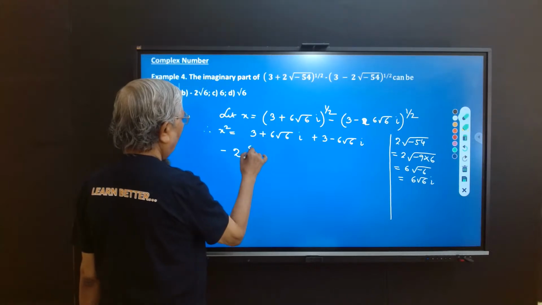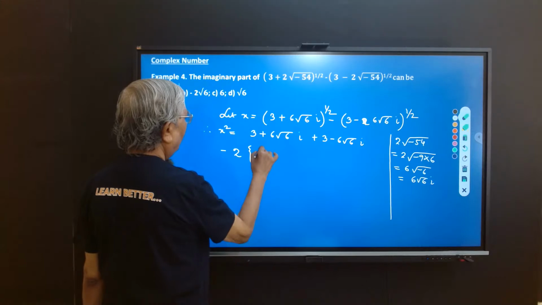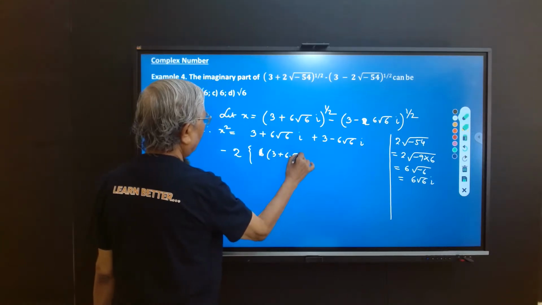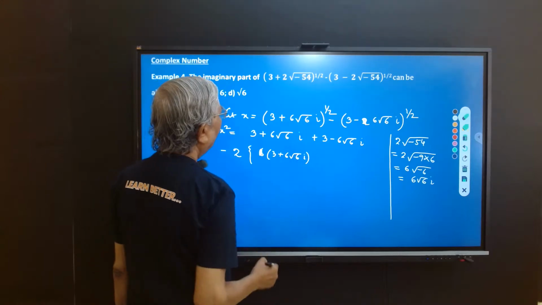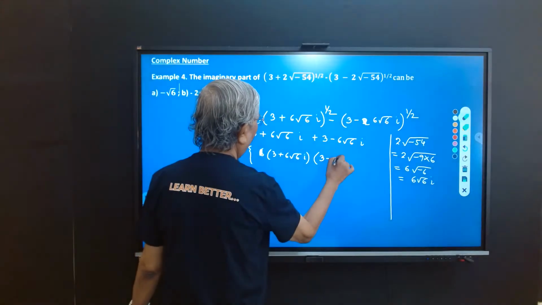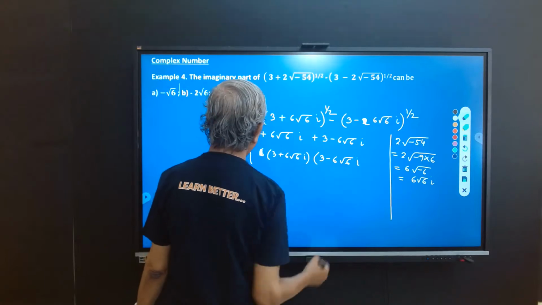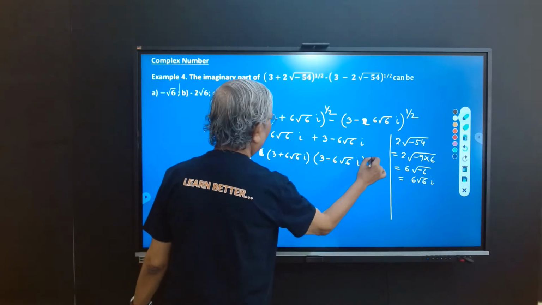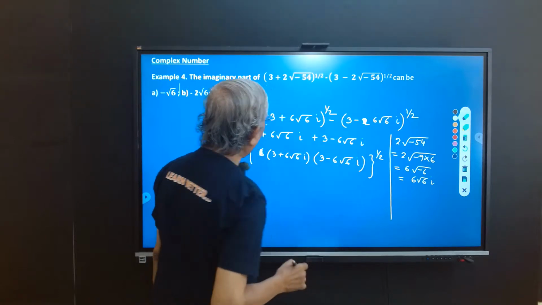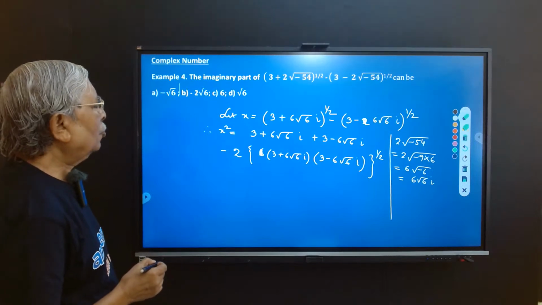That means (3 plus 6 root 6 i) into (3 minus 6 root 6 i), a square plus b square minus 2ab.